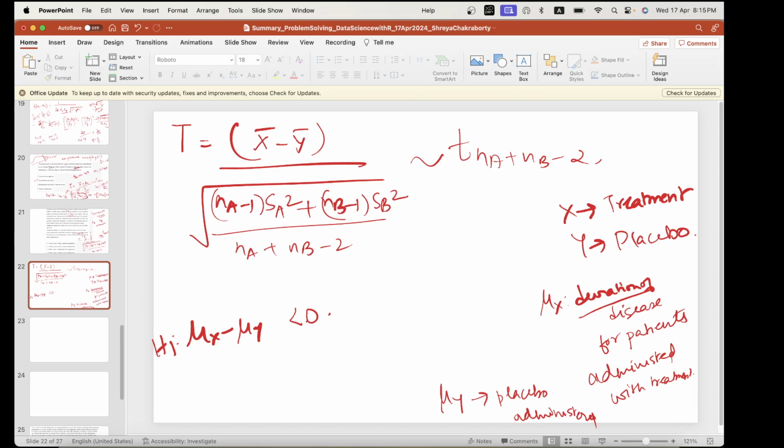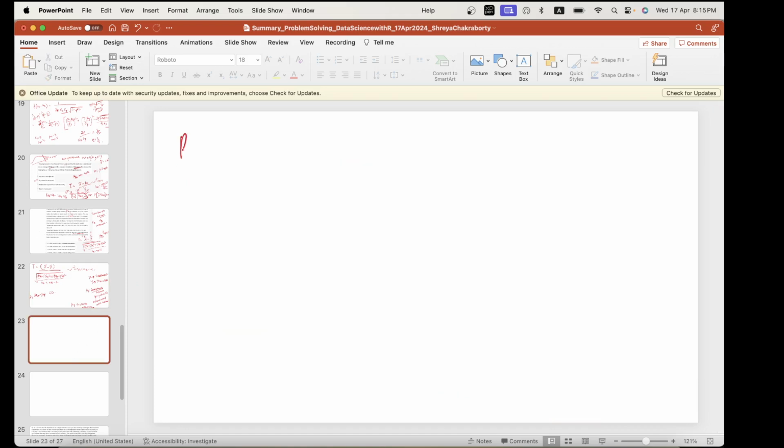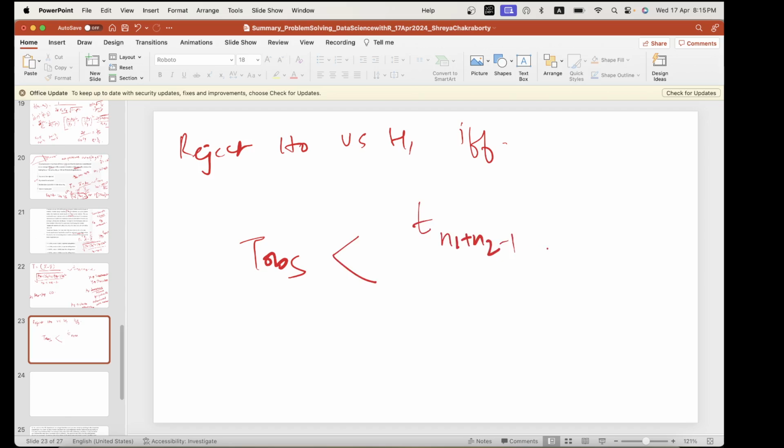So if H1 is less than 0, then the rejection rule is we'll reject H0 versus H1 if and only if T observed is less than T with N1 plus N2 minus 2 degrees of freedom at 1 minus alpha. So here this T 1 minus alpha is this point.